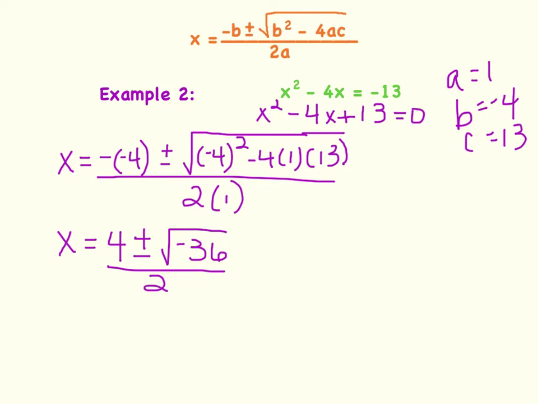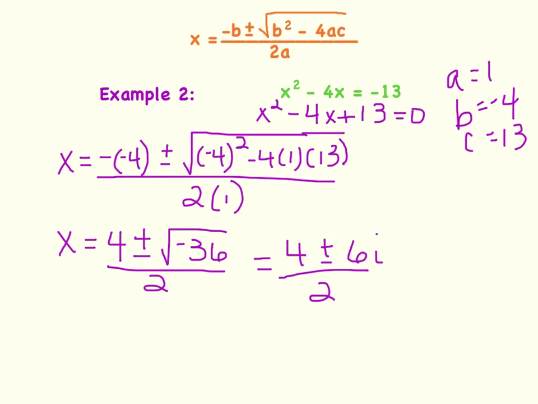Now we can continue to simplify this. I have 4 plus or minus, and I see that I have the square root of negative 36. Well, the negative tells me that I'm going to have an imaginary root, and then 36 is a perfect square, so I will be able to take the square root of that. So the square root of negative 36 is going to be 6i. And I will divide that by 2.